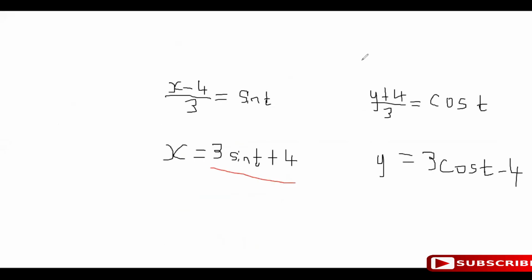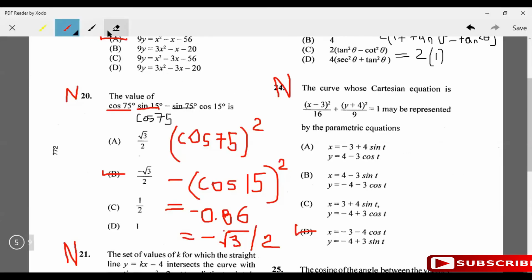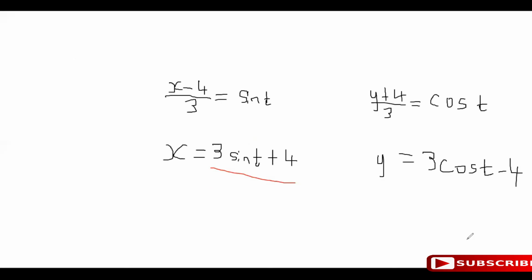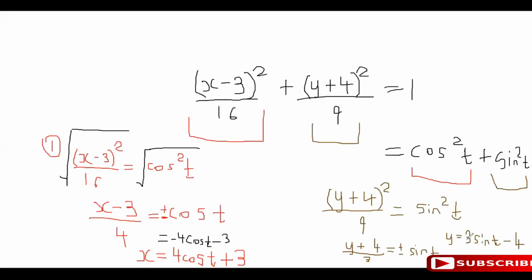And yes, go ahead. I think I made a mistake. You're supposed to have x minus 2 or 4 for one of them, and y plus 4 over 3 for the other one. Go again, repeat, Leah.